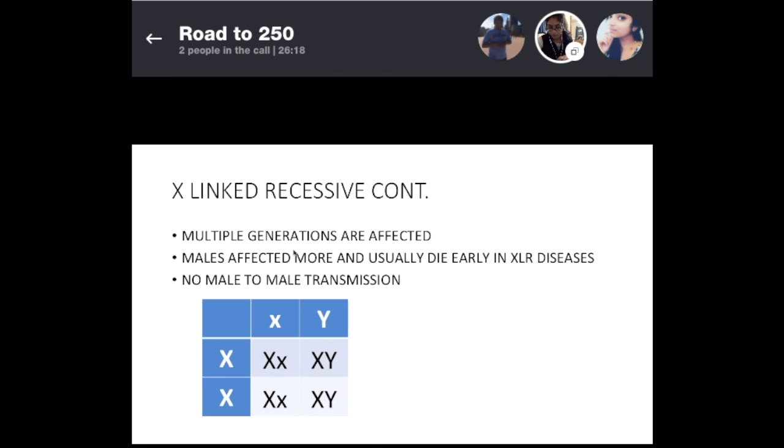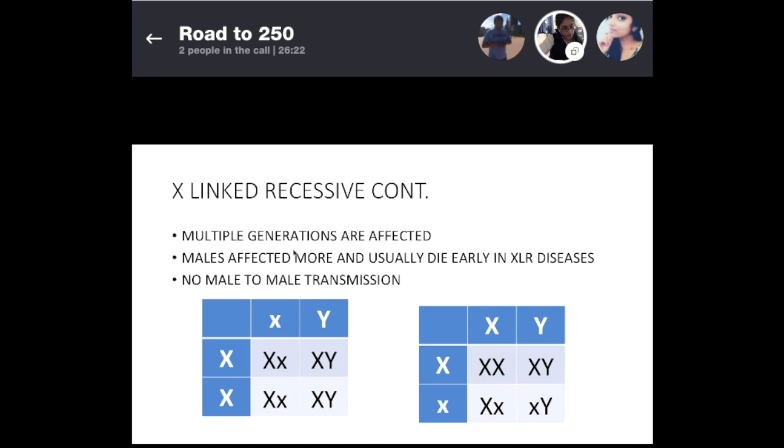And so I have two scenarios here for us to look at. In the first one, we can say that the male is affected with the little x, and then the female is unaffected, homozygous. And so the two female offspring are going to be carriers.